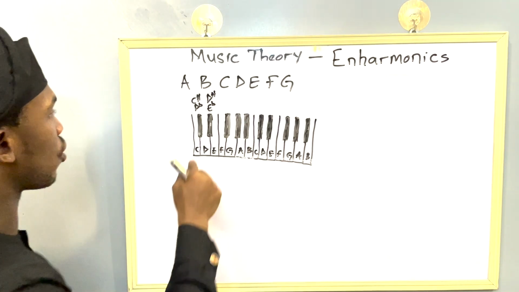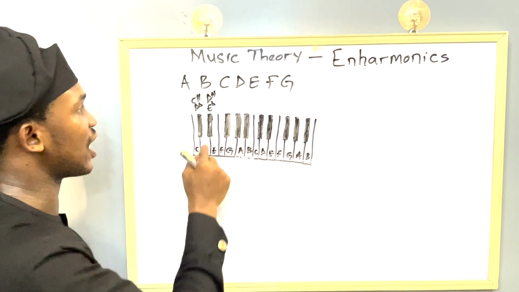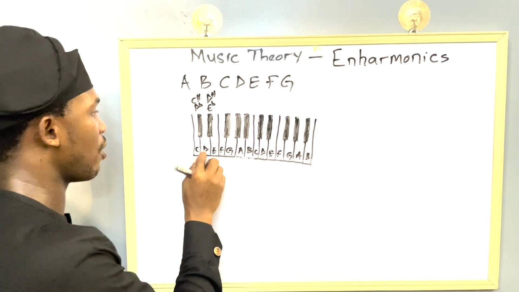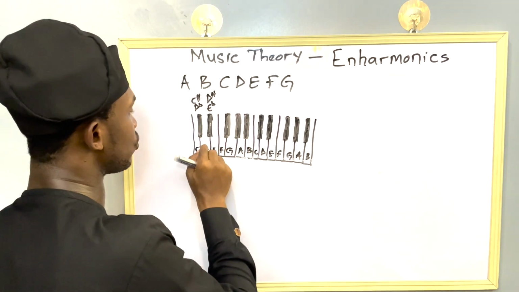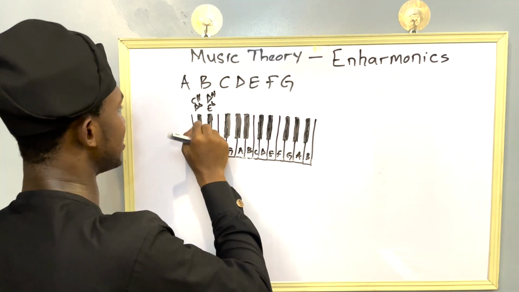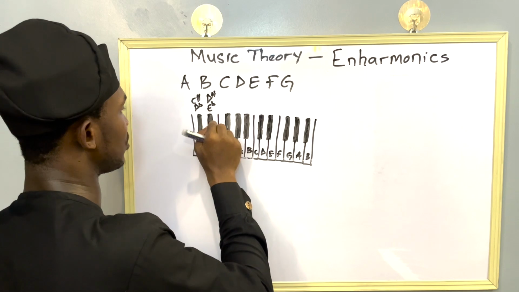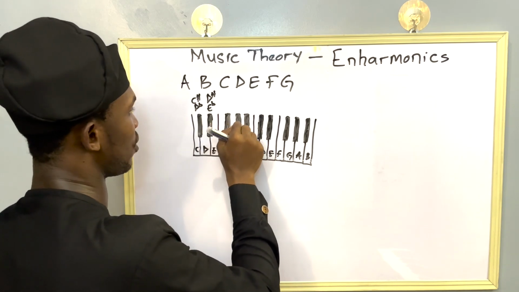Whether we call this note E flat or D sharp, it is still the same thing. Remember, when we say D sharp, we mean you raise D by a semitone, and immediately you get here: this is the next note, this is the next, and so on. That's the way we are counting it.